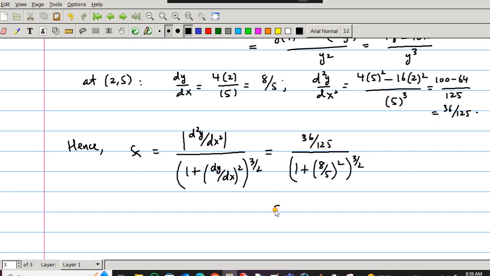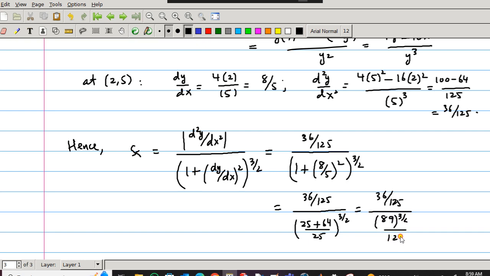So if I simplify, 1 plus 8 square by 5 square becomes 25 plus 64 over 25, to the power 3 by 2. So 36 by 125 divided by 64 plus 25, which is 89, to the power 3 by 2, and 25 to the power 3 by 2 is also 125.